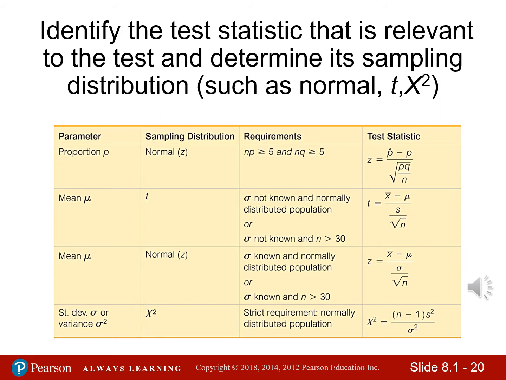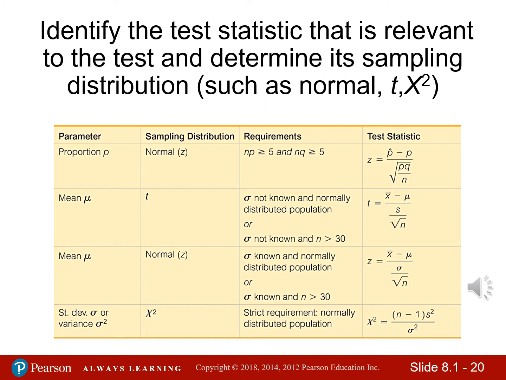We can use this table to identify the test statistic that is relevant to the test and determine its sampling distribution. For example, if the parameter is a proportion P, we might have a sampling distribution that is a normal or a Z distribution. If we had a population mean mu, the sampling distribution might be a T distribution.